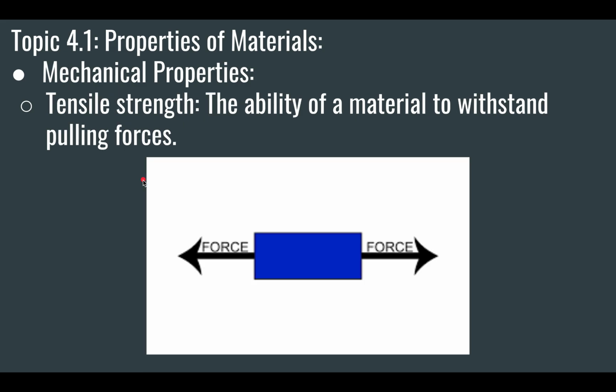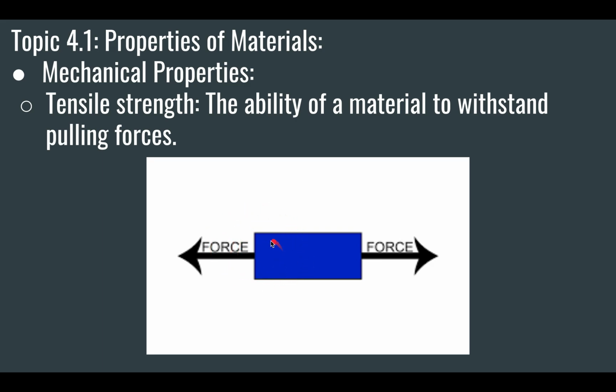Okay, some mechanical properties. We have something called tensile strength, and this is the ability of a material to withstand pulling forces. When something is pulling on either side of a material, how resistant is that material to those pulling forces? That's the tensile strength of an object.